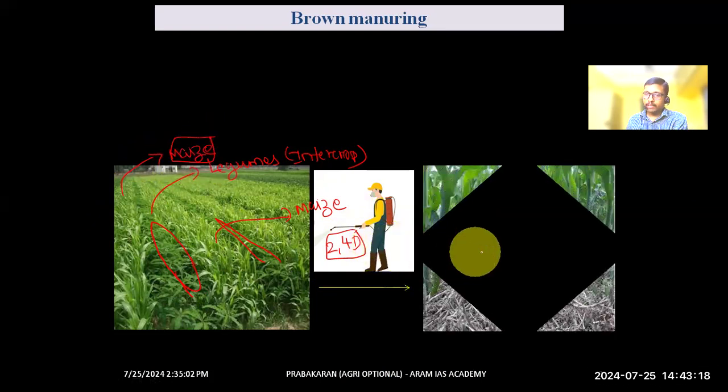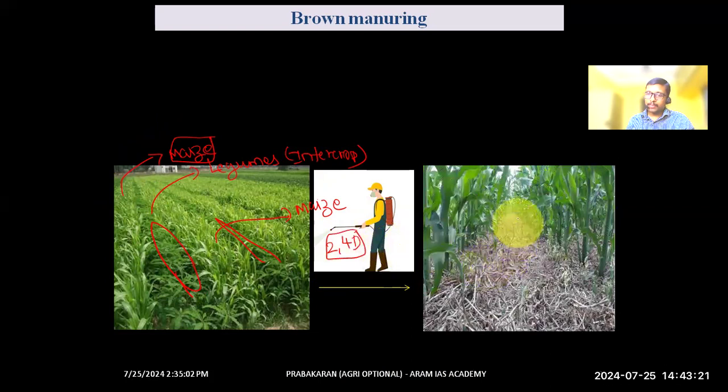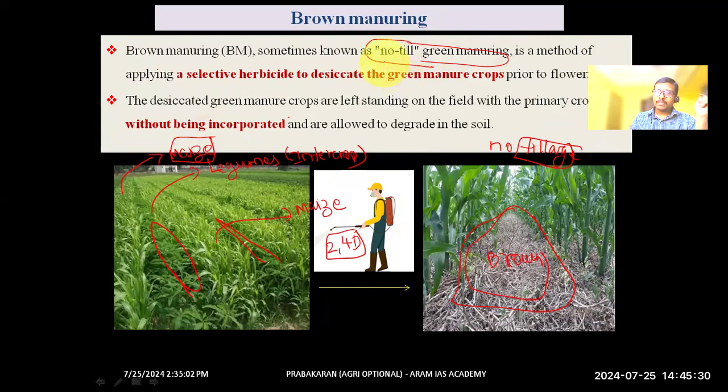After some period of time, the dhaincha plant turns brown. That is why the term brown manuring was used here. Brown manuring is sometimes also known as no-till green manuring.